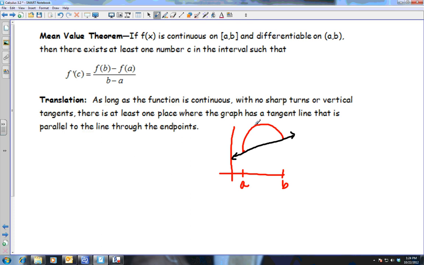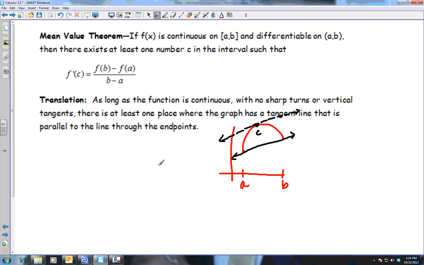So if I draw in a tangent line somewhere on that, the mean value theorem says I have a tangent line that's parallel to this secant line through my endpoints. And this is the formula that you would use anytime they're talking about the mean value theorem. So what they would want us to do is find what point c this tangent line occurs.